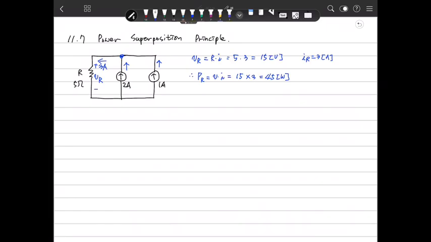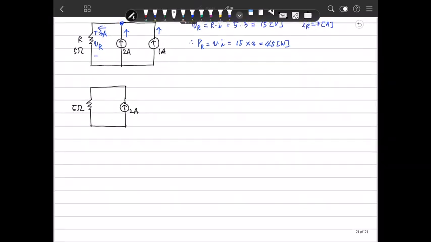So I want to solve this circuit with the superposition. Then we can split this circuit into two sources. We have one circuit here, it's 2 amperes, 5 ohms, and another circuit is 5 ohms and 1 ampere here.